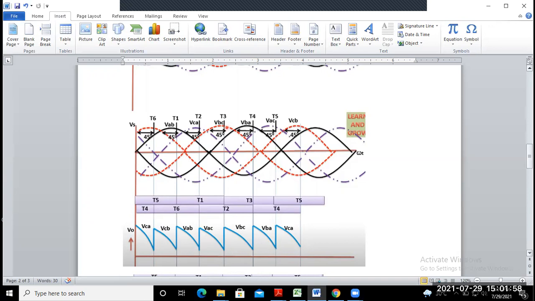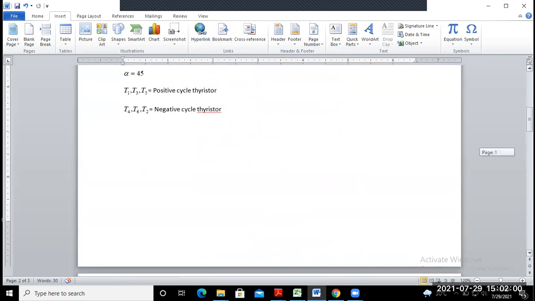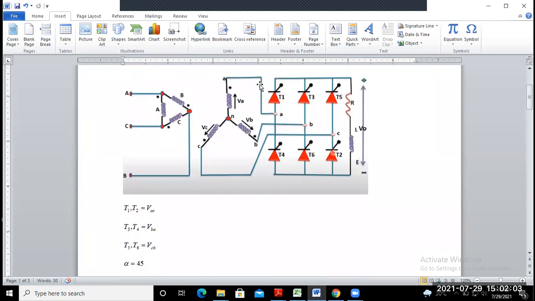Whatever current flows through this phase is represented by IA, whatever flows through this phase is represented by IB, and this one is IC. This current waveform will be explained in the next class. In the next class we will discuss phase currents IA, IB, IC, and thyristor current T1. So we stop here.